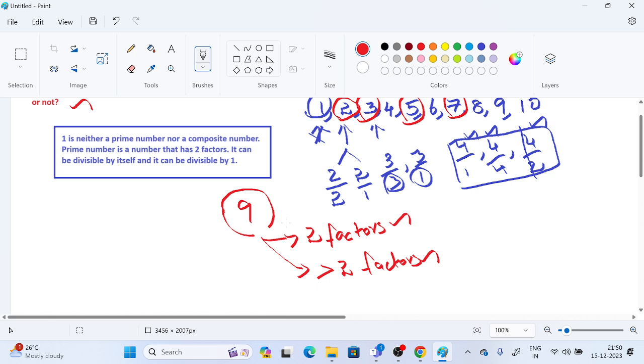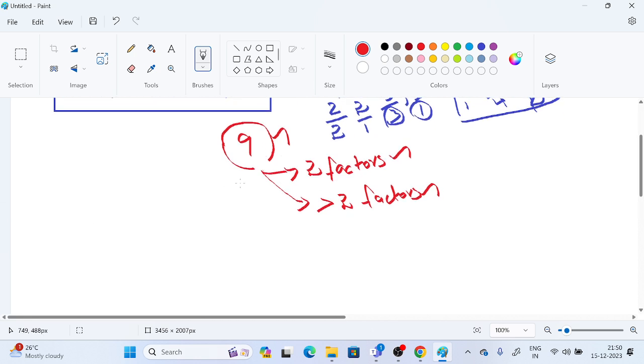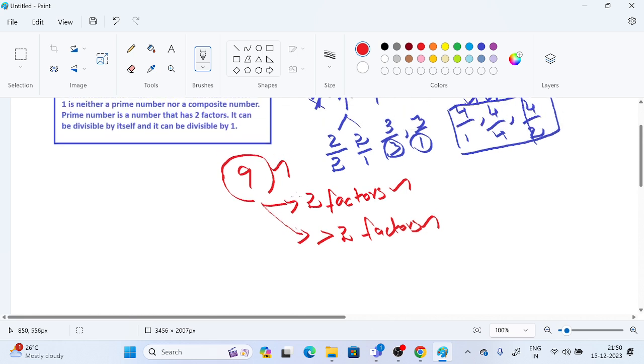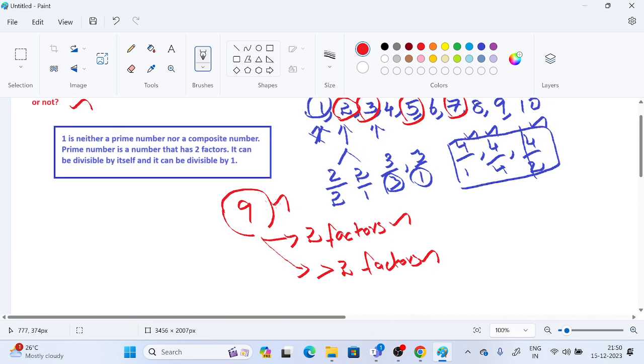Since I have assumed this as a given number, before proceeding with the problem we have to set a boundary. Why do we have to set a boundary? We have to make sure about the numbers that are lesser than 9. If you want to find whether this particular number 9 is prime, you have to consider the numbers that are lesser than 9.